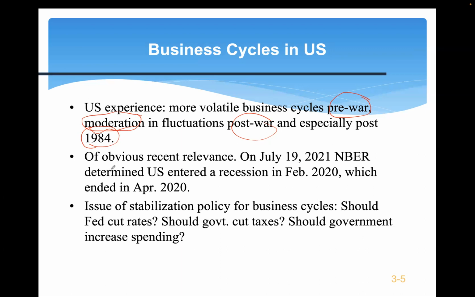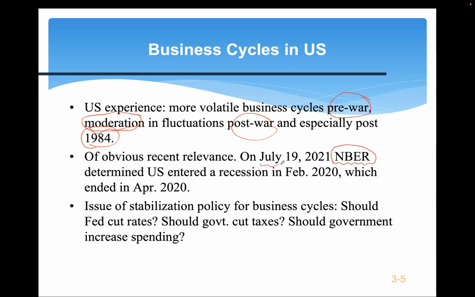To show you the difficulty or relevance of the business cycle: NBER stands for National Bureau of Economic Research. This is an institute responsible for determining whether the US economy is in a recession or not.